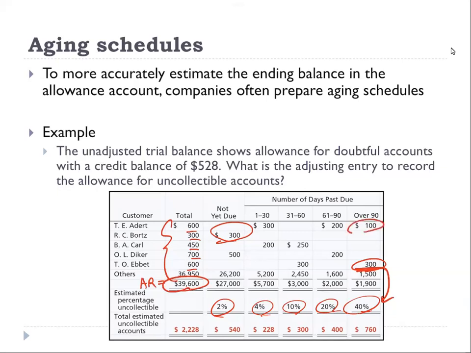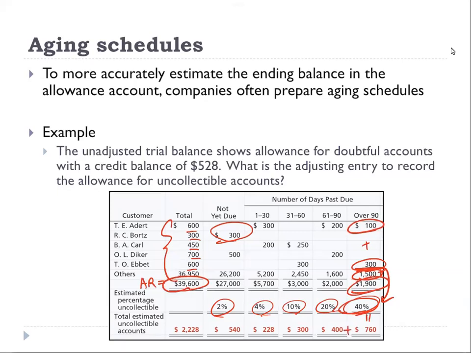For example, this is 100 plus 300 plus 1,500. So it totals to 1,900, and we multiply it by 40%. It's going to give us 760.